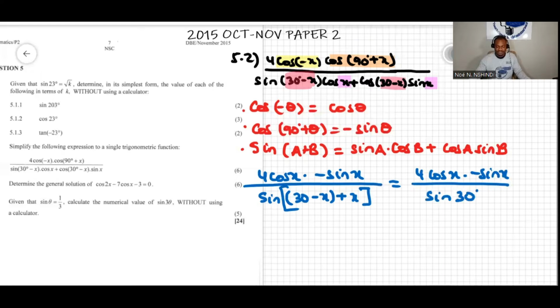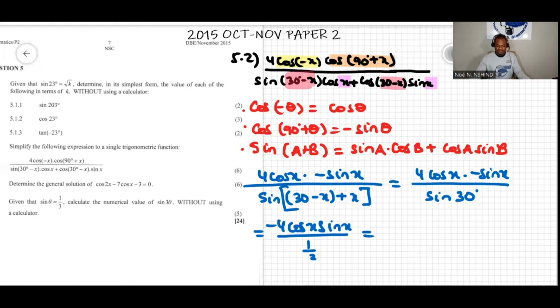all over sine of 30 degrees. So this is equal to negative 4 cos x sine x. Sine of 30 degrees, from the special triangle, is equal to a half.